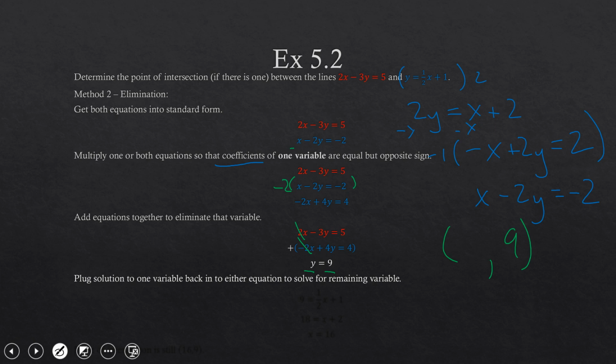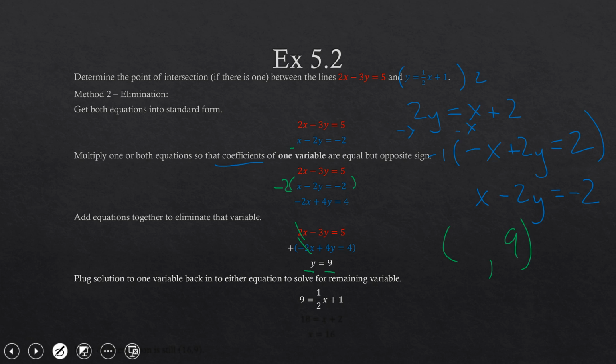So the last step is the same as for the other example: we know what one of our coordinates is. We just have to plug that into one of the two equations to solve for the remaining variable x in this case. So we plug 9 into the second equation, for example, but we could also plug it into the first and solve this for x.